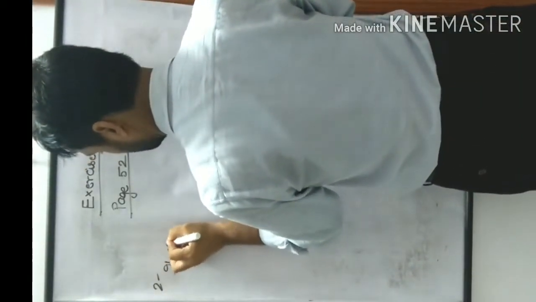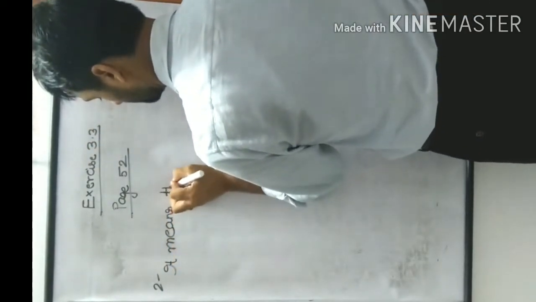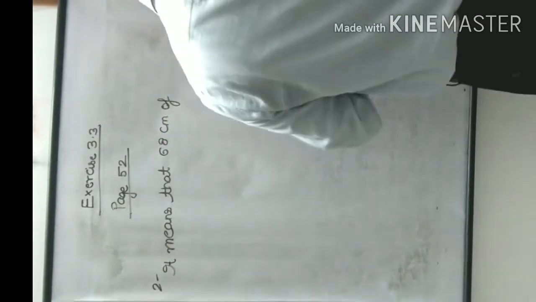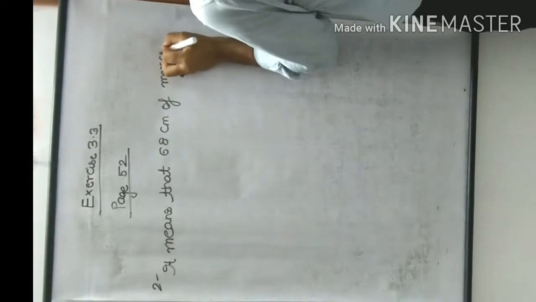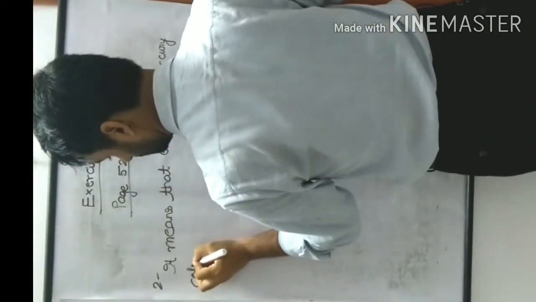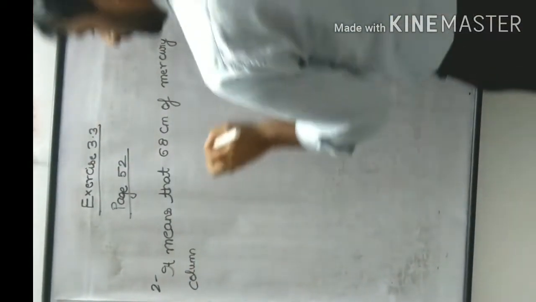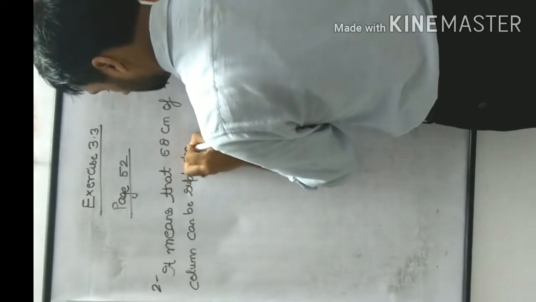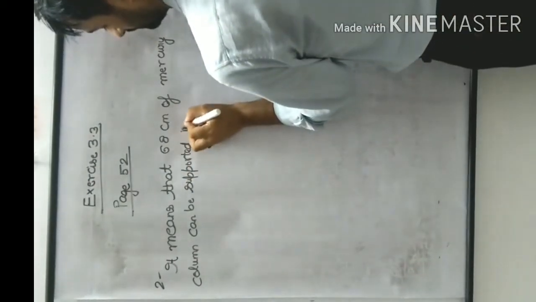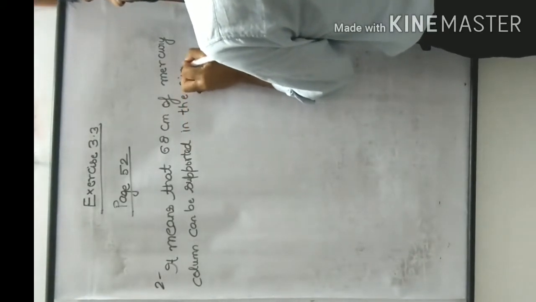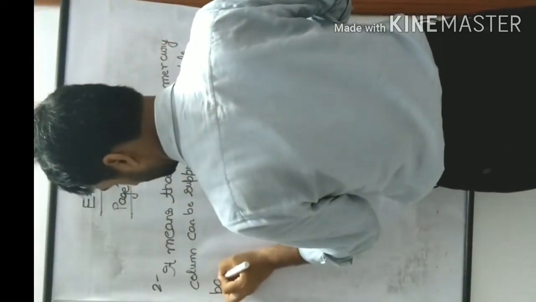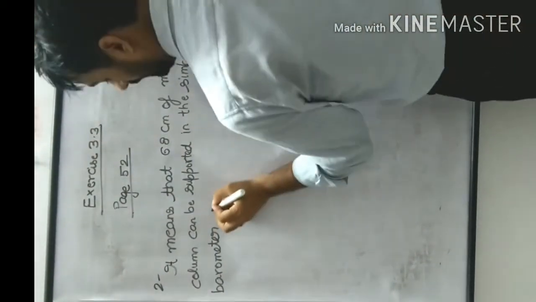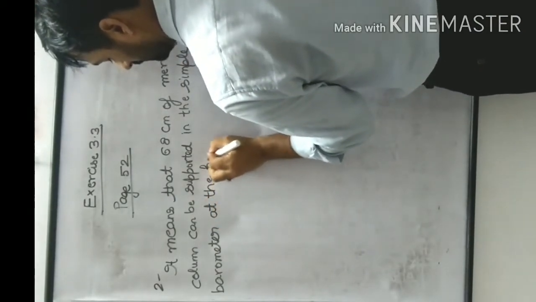It means that 68 centimeter of mercury column can be supported in the simple barometer at the hill. Something more, I'll write more.